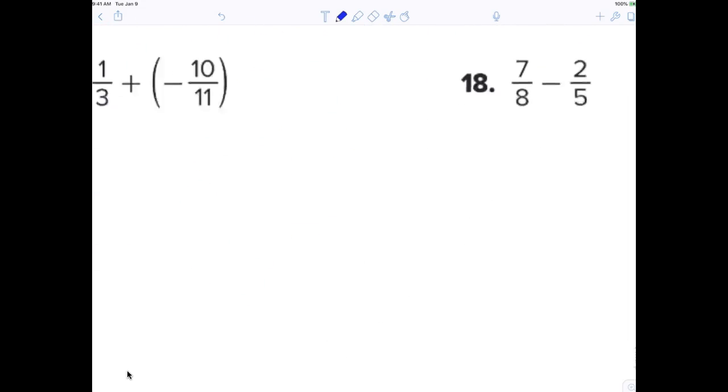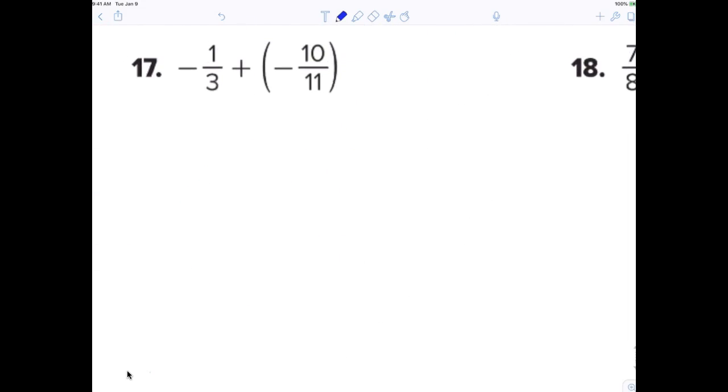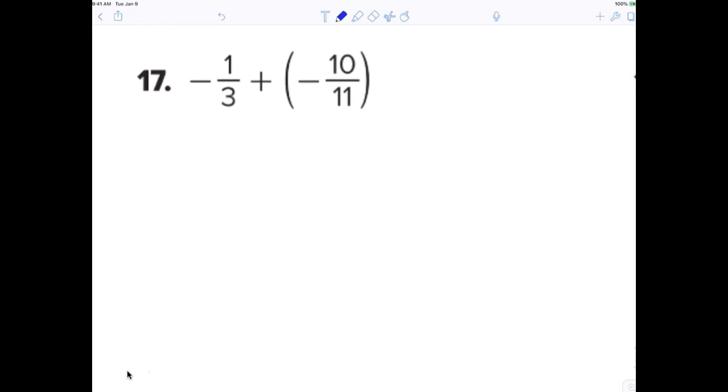Let's find 17. Miss Goss, you ready? All right. First of all, the plus and the minus next to each other make a minus. So let's rewrite it: negative 1/3 minus 10/11.